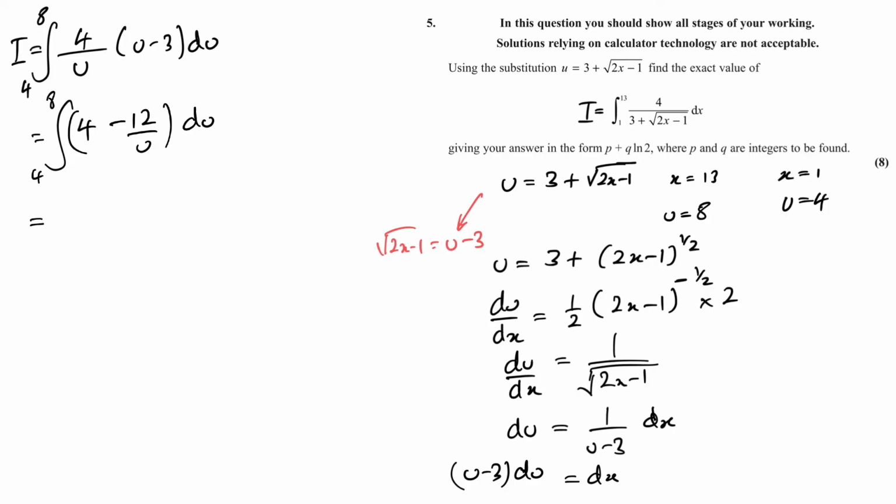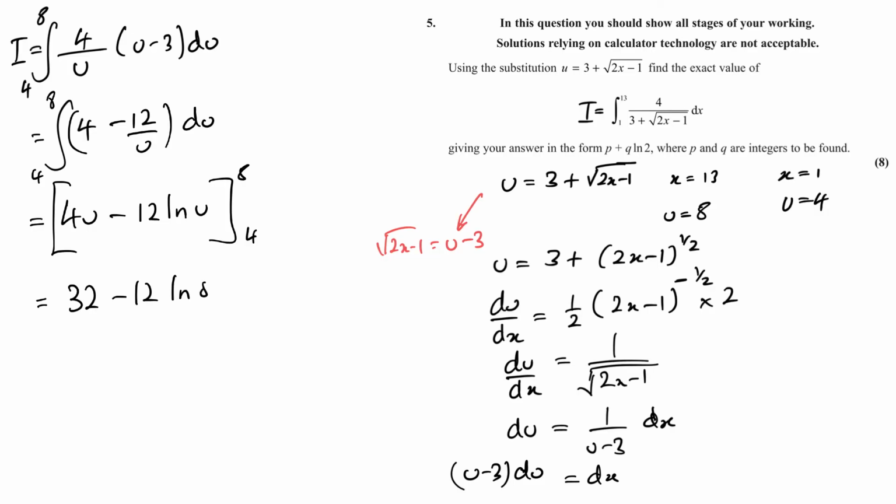Now, integrating, the 4 becomes 4u minus 12 ln u between 8 and 4. So 4 times 8 is 32, minus 12 ln 8, minus 16 minus 12 ln 4.